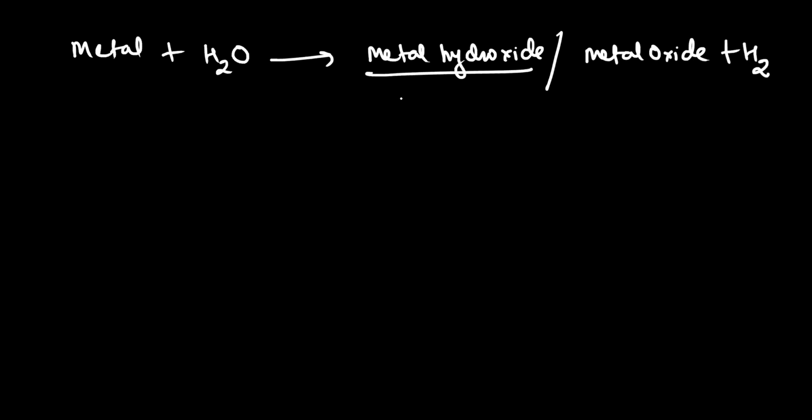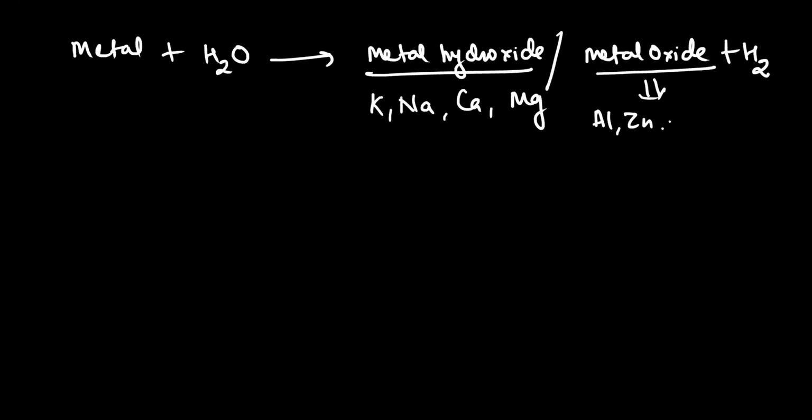Which metals produce hydroxide? The 4 metals: potassium, sodium, calcium and magnesium. Which produce metal oxide? Aluminium, zinc, iron, lead. These metals produce oxide. They don't produce hydroxide.